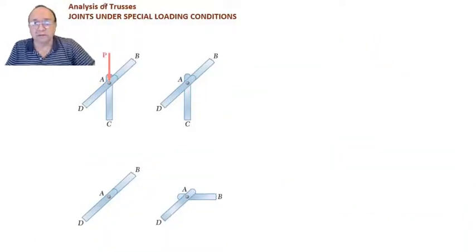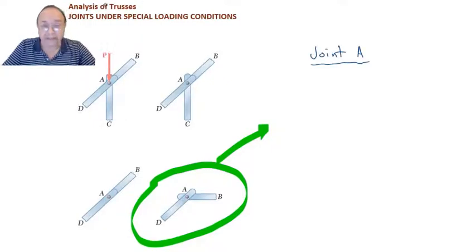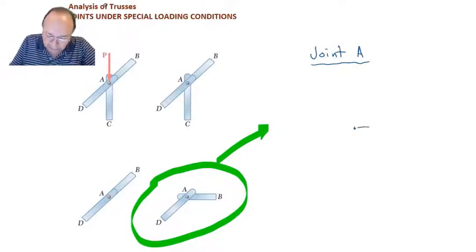Okay, let's go to the new case, this one here. If you have a joint where you have only 2 forces and they are not collinear, like in the previous case, they have to be 0, both of them. Why?